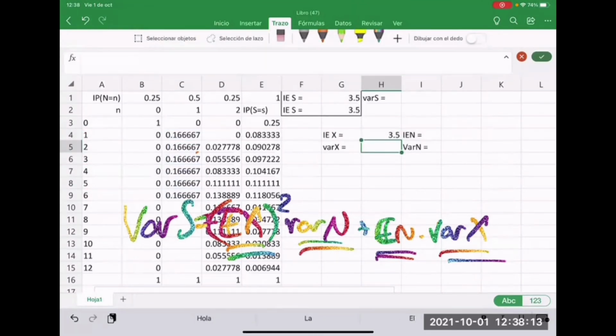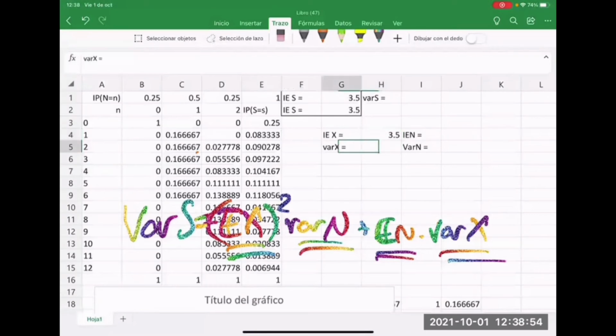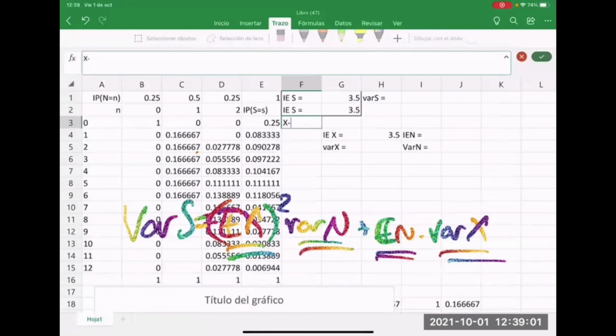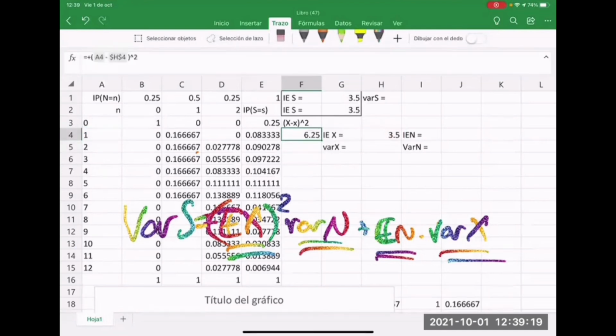Now the variance of x: to take the variance, what we'll do is to take x minus the expectation of x, squared. So we need to take 1 minus the expectation of x, but this one needs to go fixed and then square, right?